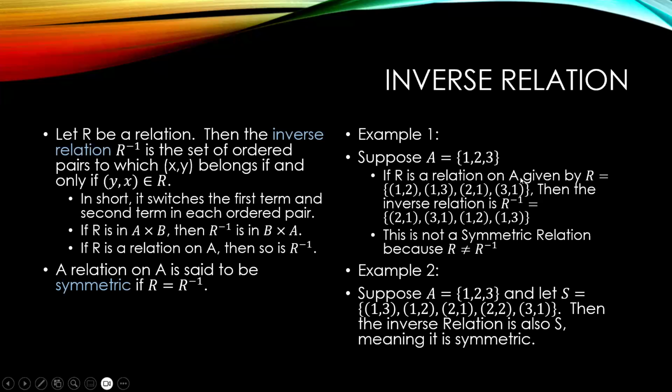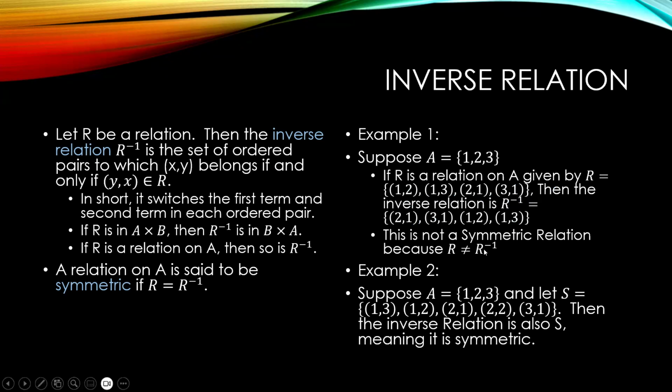If R is a relation on A given by (1, 2), (1, 3), (2, 1), (3, 1), then the inverse relation R inverse is just switching all the values. So it's going to be (2, 1), (3, 1), (1, 2), and (1, 3). We just switched the x and y values.